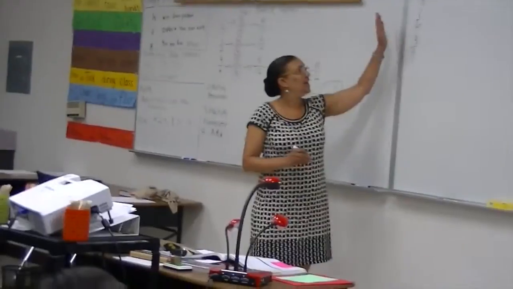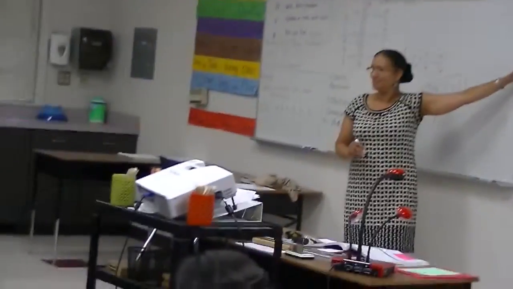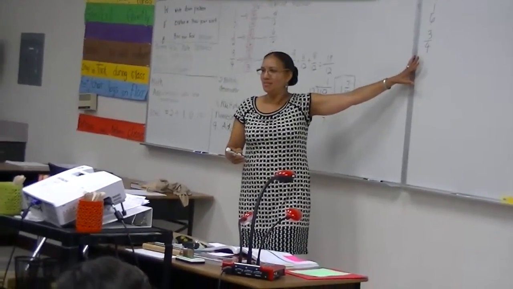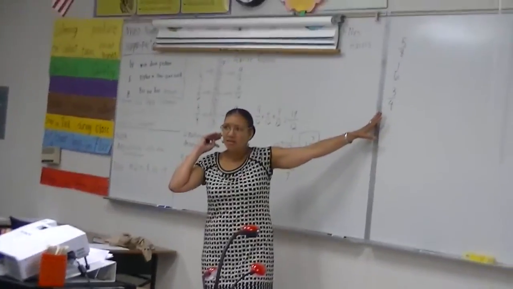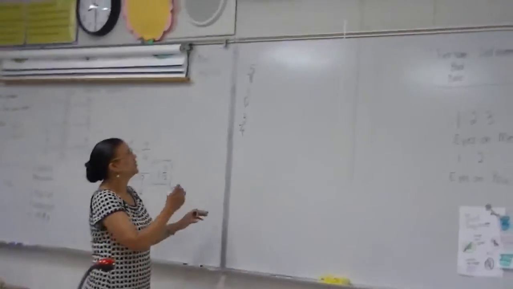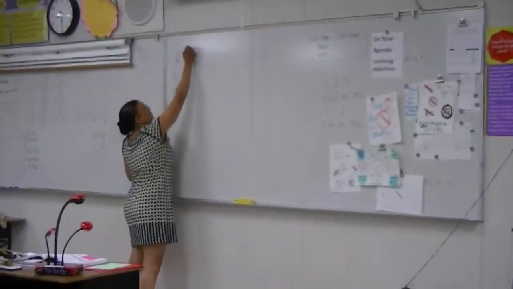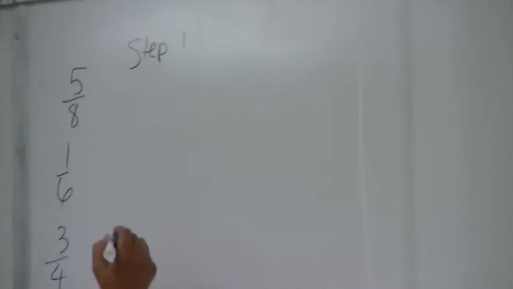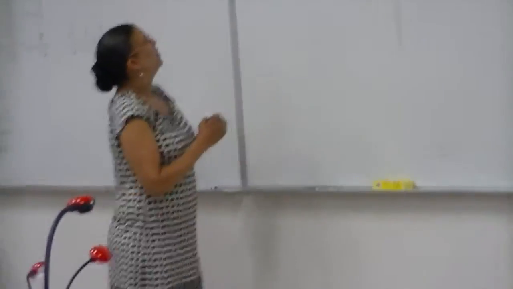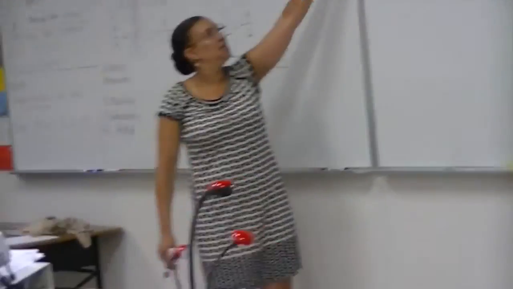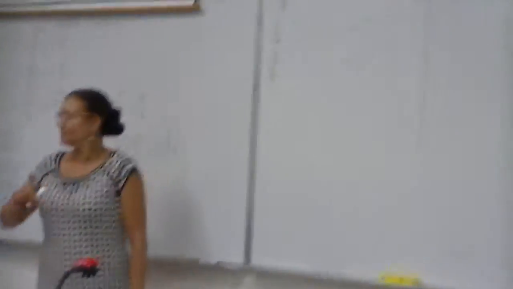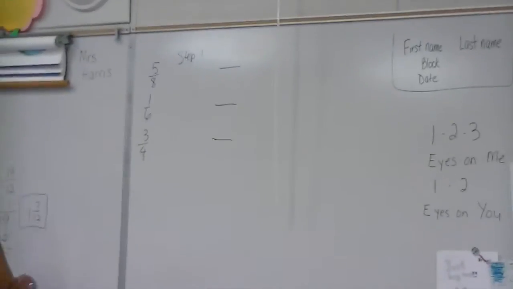Can I add these fractions the way they are written? No. Why not? Because they have unlike denominators. So step 1 is to first get the common denominator. So what number can I divide 8, 6, and 4 by evenly with no remainder? 24.